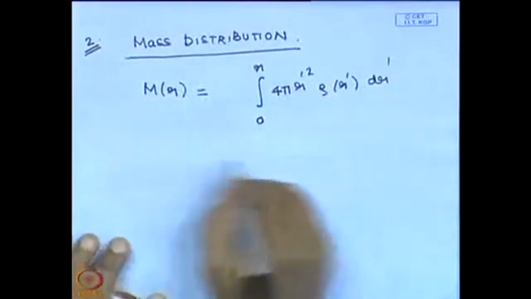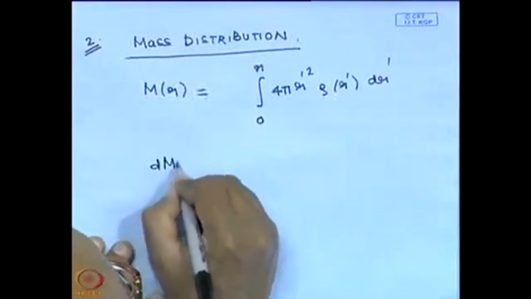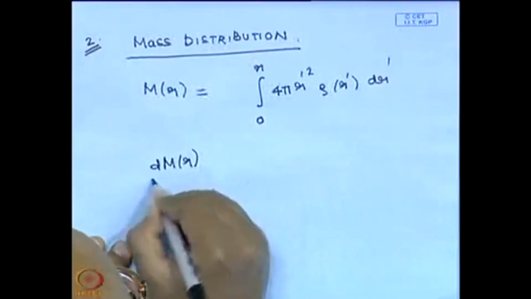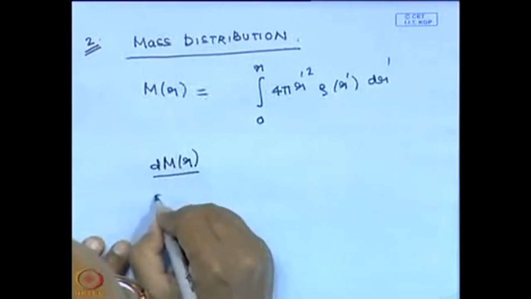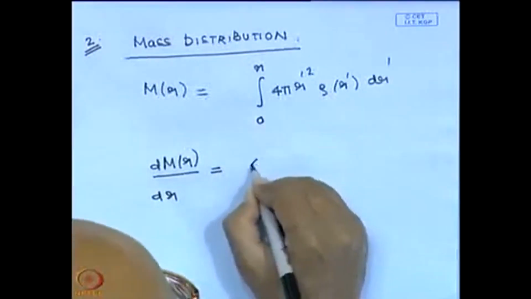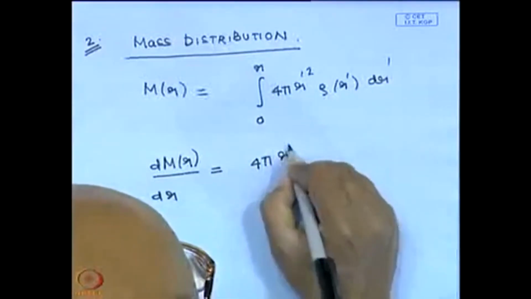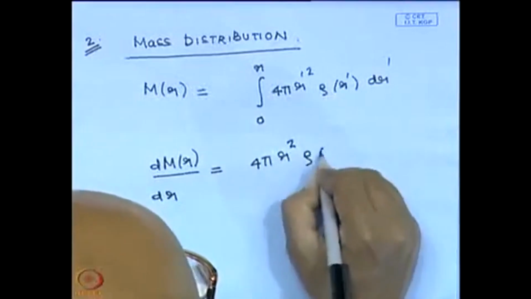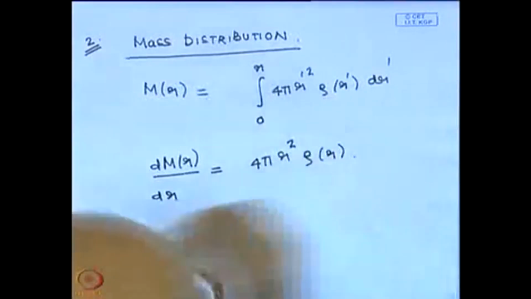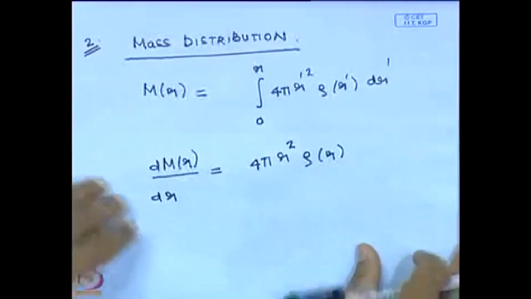This equation can also be written in differential form, which is dm(r) by dr equals 4 pi r square rho(r). So, this is the equation that governs the mass distribution.